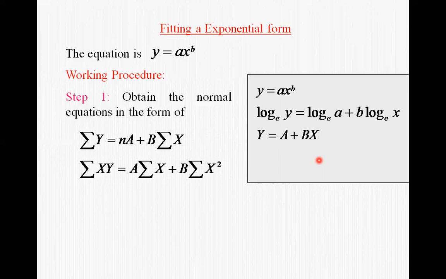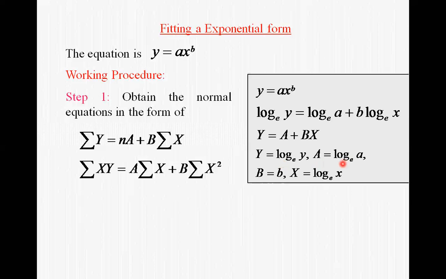This equation can be written as capital Y equals capital A plus capital B into capital X, where capital Y equals log y to the base e, capital A equals log a to the base e, capital B equals small b, and capital X equals log x to the base e. Here, the equation represents a straight line.